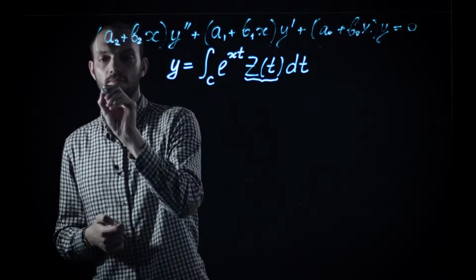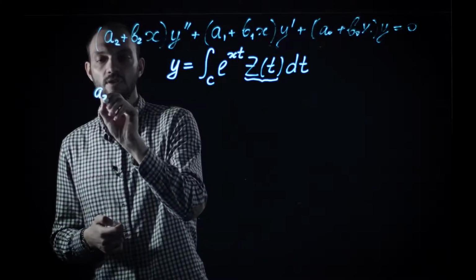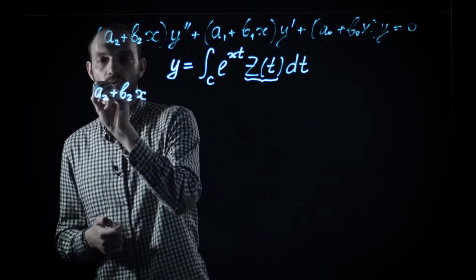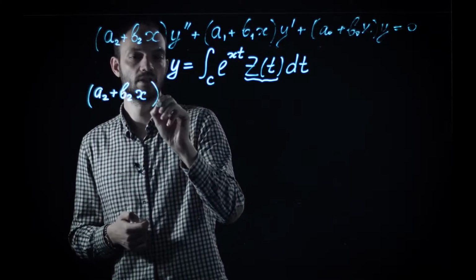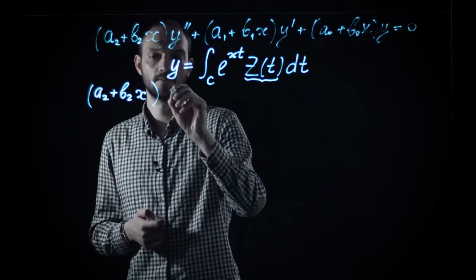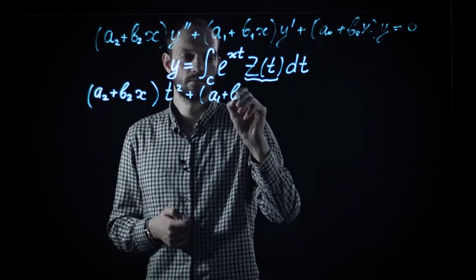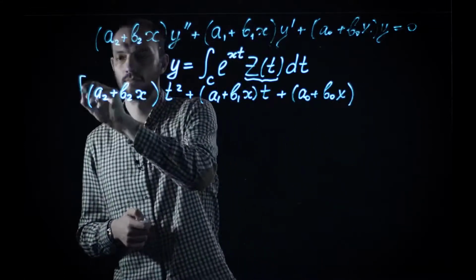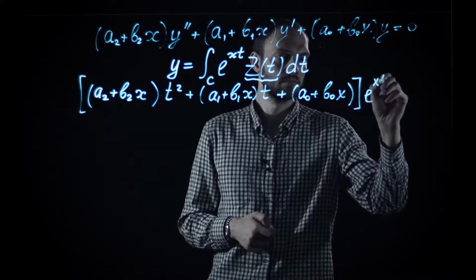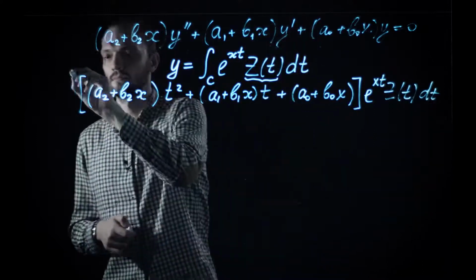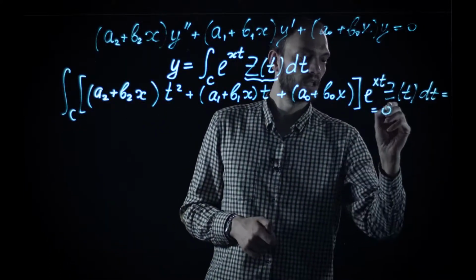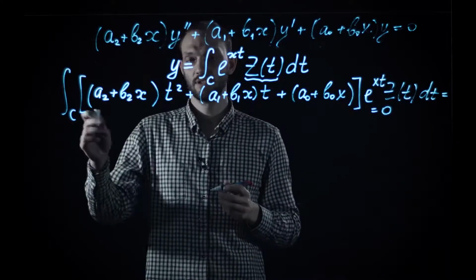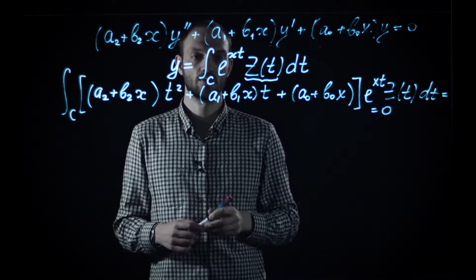So, substituting this into our original equation, we arrive at, with the requirement of this integral over the contour c, over dt, to vanish.